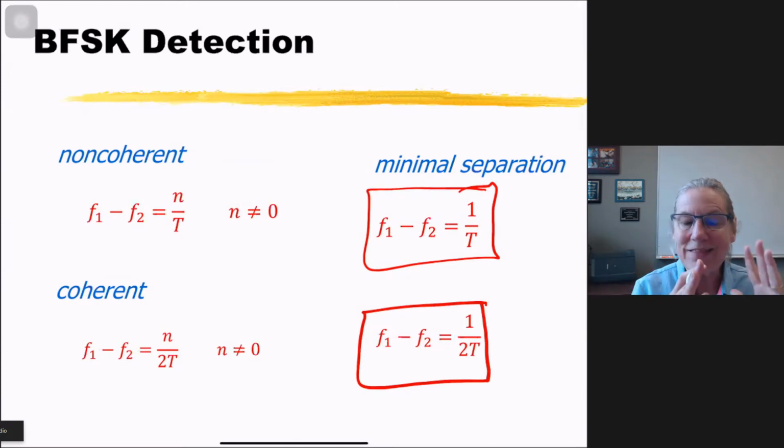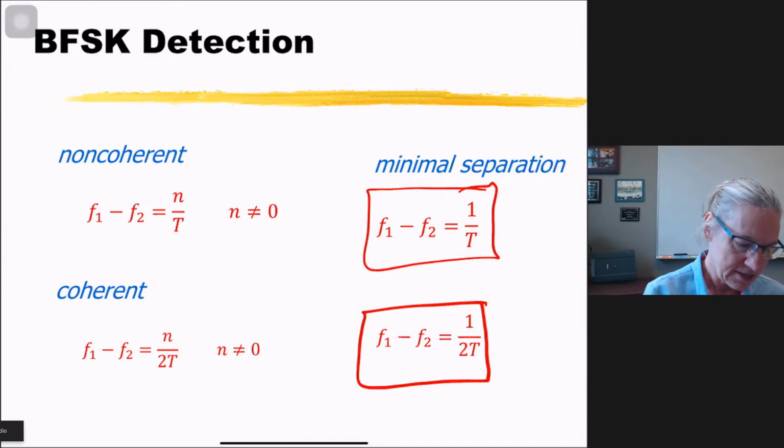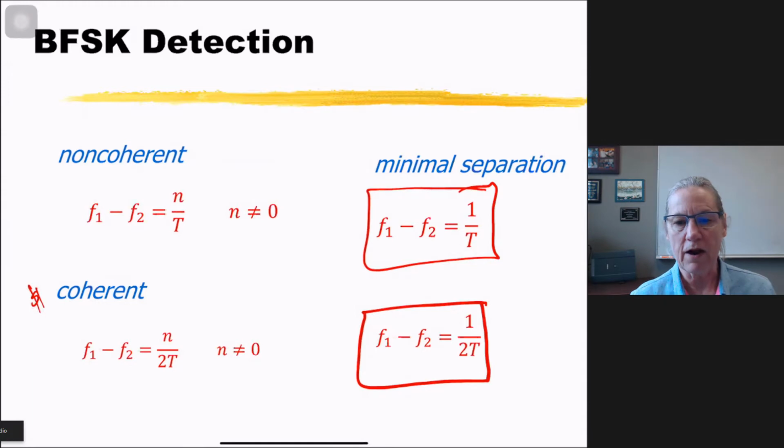So I could pack them in twice as much if I use coherent detection versus non-coherent detection. And of course, coherent is a more expensive solution than non-coherent, but we see it is also more spectrally efficient. So this has been for binary.